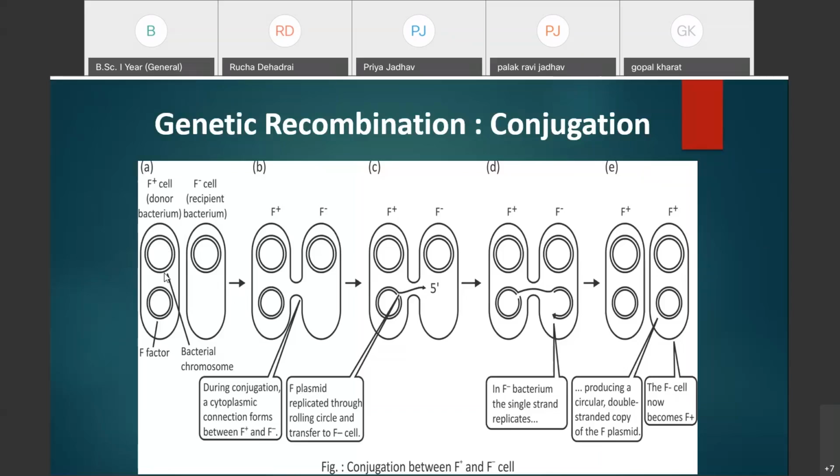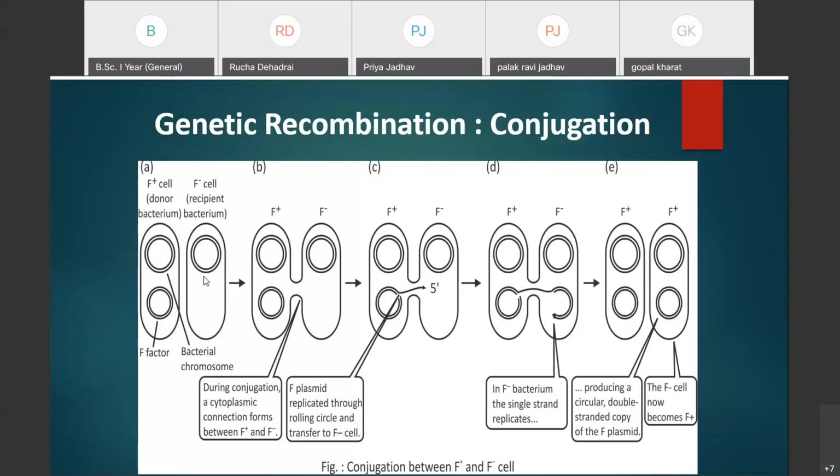It is the donor cell, which has this transmissible plasmid, and the recipient cell which is receiving that plasmid. At the end, due to the conjugation, that recipient cell again gets converted into the donor cell.